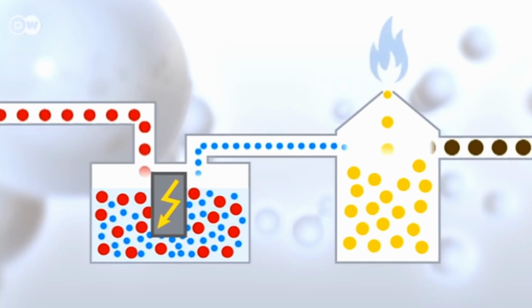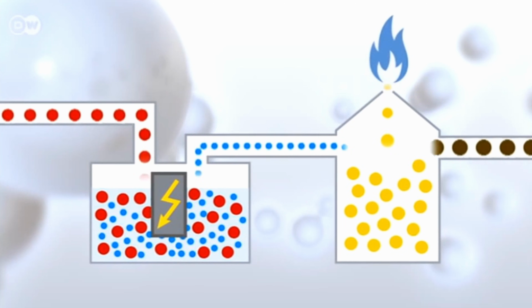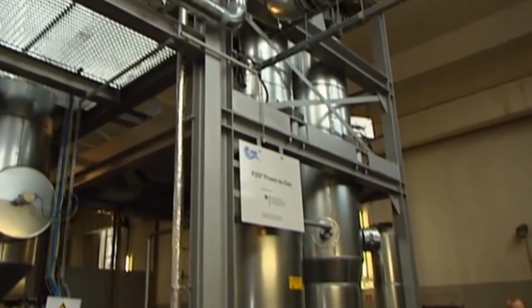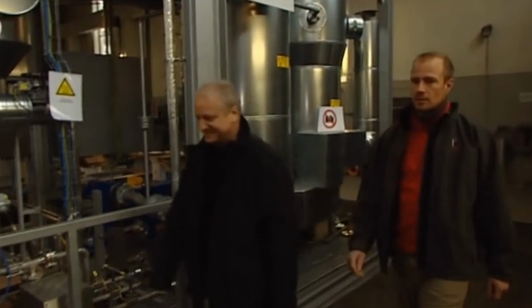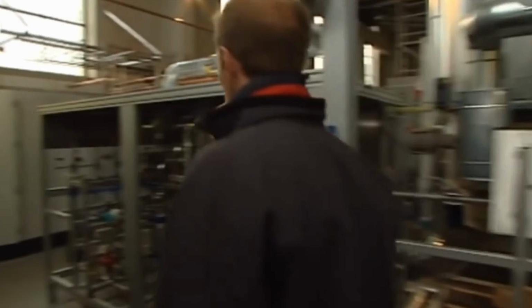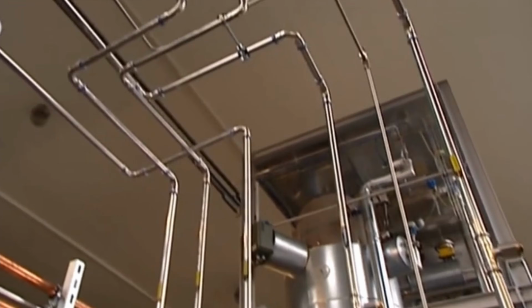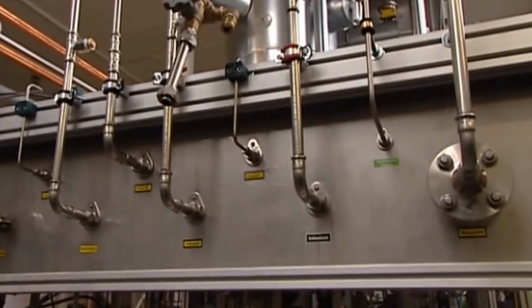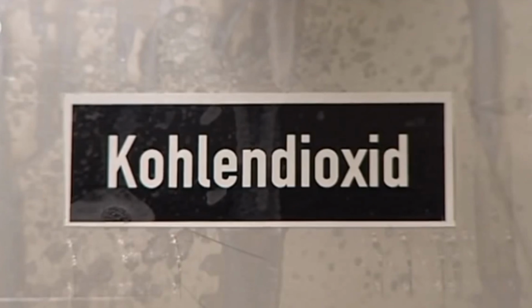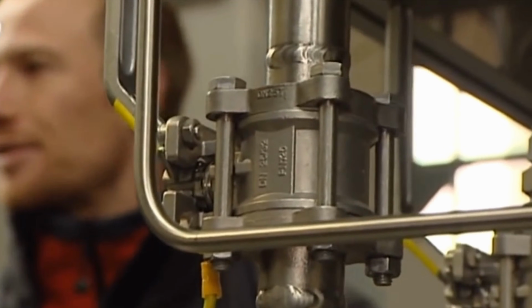The two react and produce a substance that is used in stoves and power plants all over the world, methane or natural gas. The reactions that create the methane are controlled in a neighbouring building. This chemicals facility is unique because it can be started and stopped quickly, in up to 15 minutes. Conventional chemical plants typically take much longer to gear up and shut down.